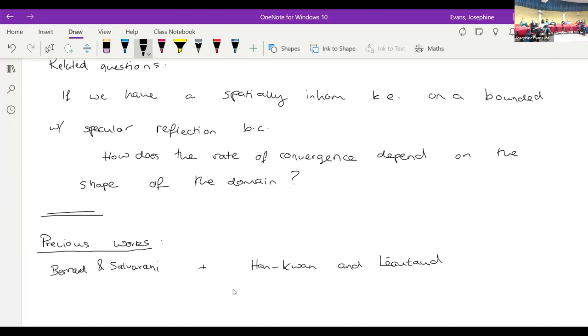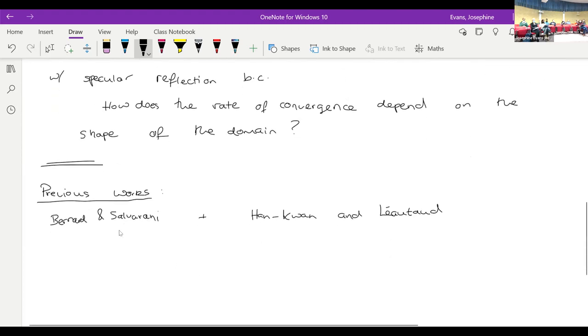I hope I've spelled that right. Bernard and Salvarani first showed it for quite a simple kinetic model, and then Kim Khan and Dietert extended it to a wider range of models, that they showed a necessary and sufficient condition for exponential convergence to happen at all.